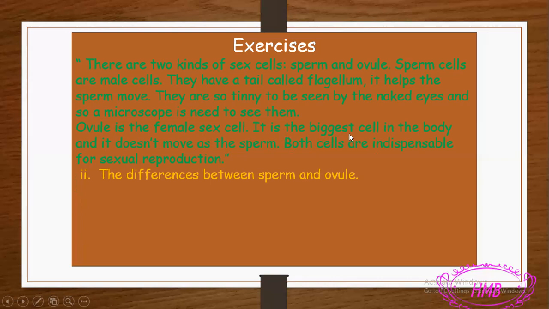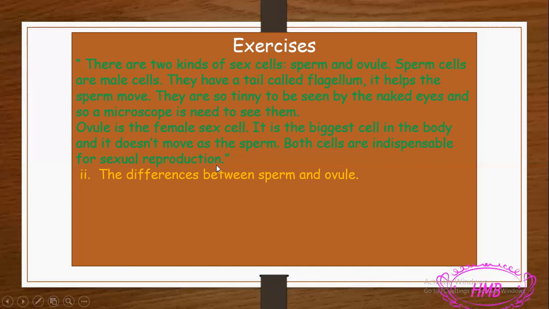Let's continue. It's the biggest cell. Well, I already have information telling me that the sperm is tiny. So this is the second difference: the ovule is the biggest cell while the sperm is tiny. Or you can say the ovule is bigger than the sperm. It's also correct. Not necessarily always use while.